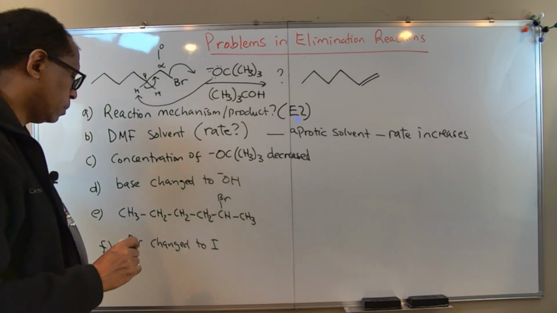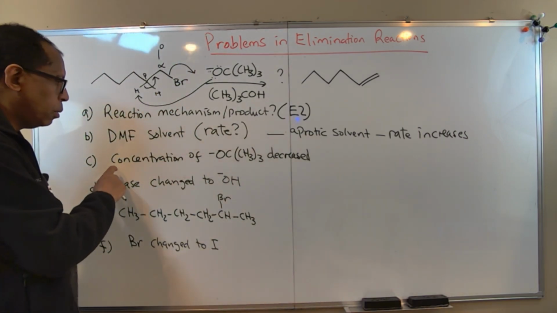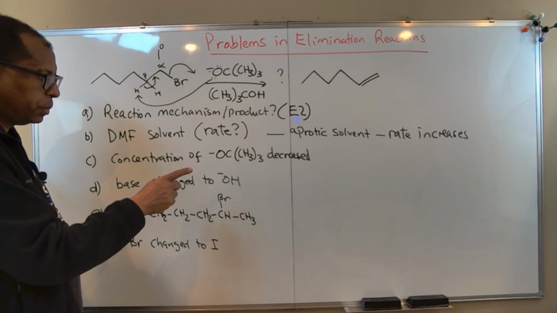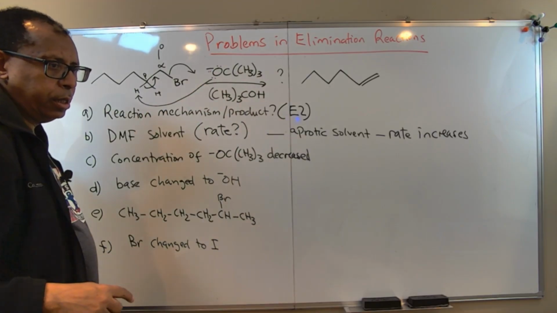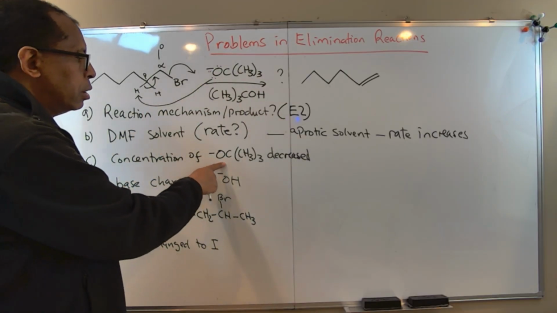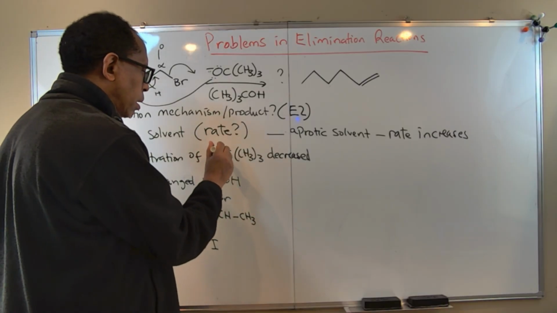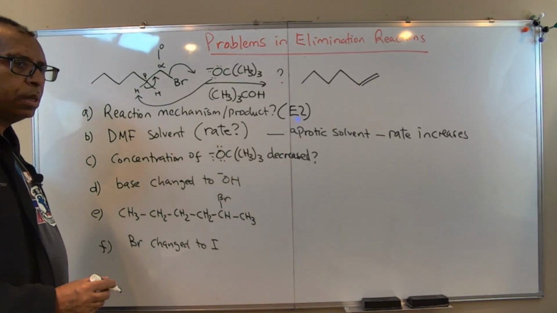In the third question, what would be the rate if the concentration of the tertiary butoxide, the base, is decreased?